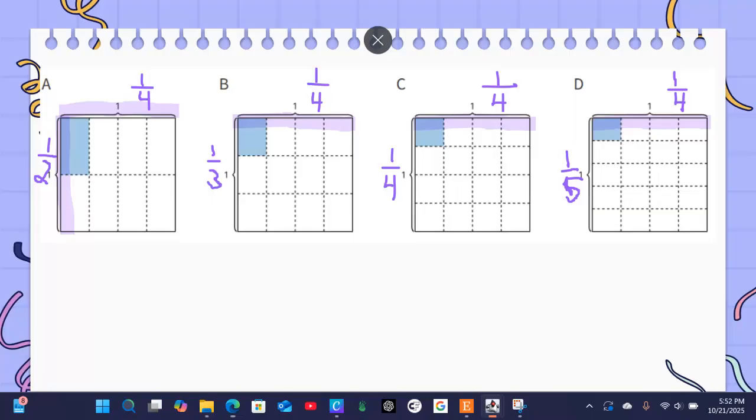As you can see, all of them have one piece that is shaded. That's going to be important. All right, so let's see. Let's write our expression. Now we can write it as 1/4 times 1/2. Actually, let me move it up a little bit.